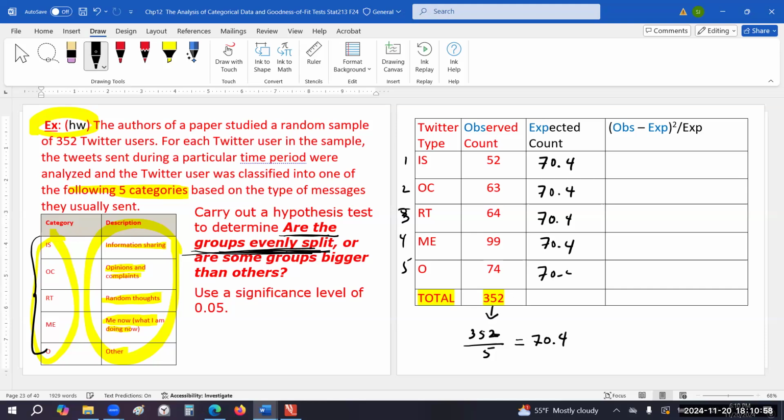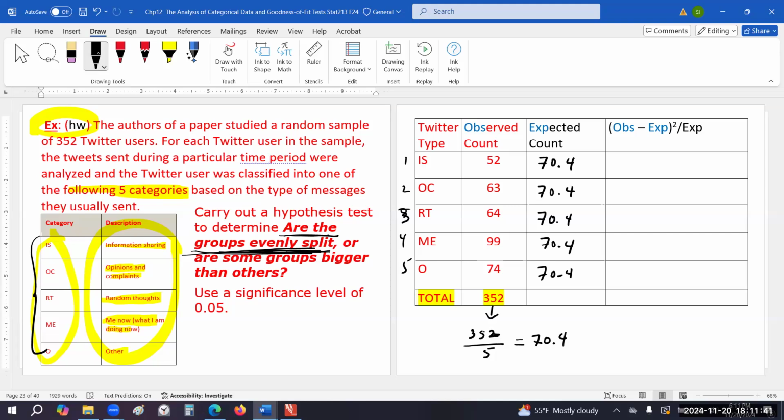In reality, we don't, because for the first one we have 52. Second one, 63. Then 64. Then 99. Then 74. So this is the reality, what we observe. And expected count is what we expect to have, or what you want to have. So we don't need to do the expected count 5 times. We do it only once, and we write it down under each category, because we are evenly splitting our 352 people into 5 groups.